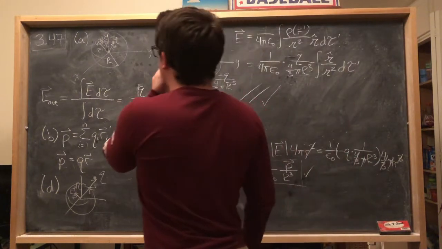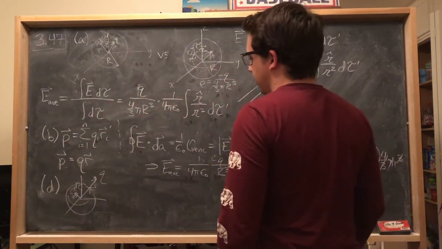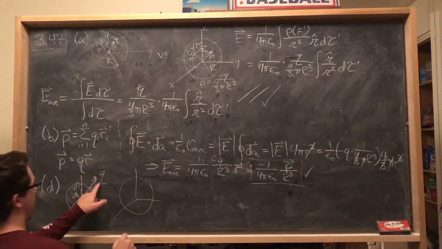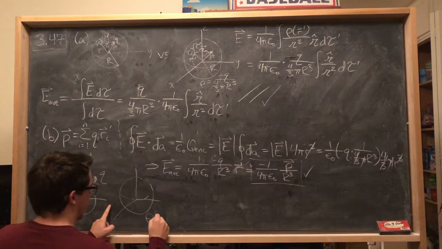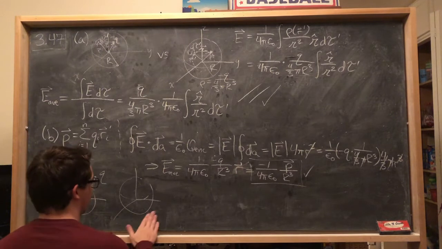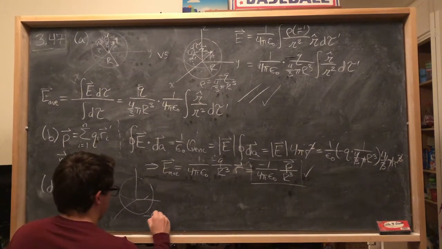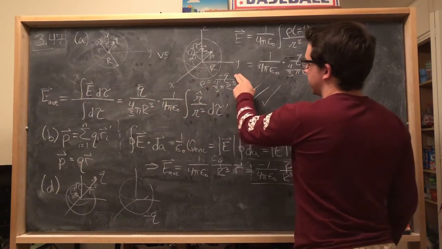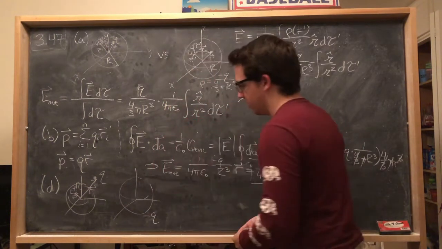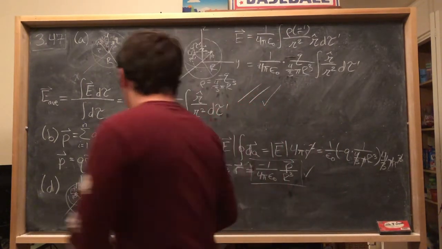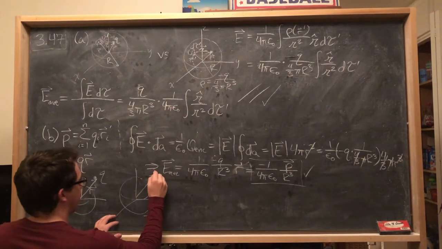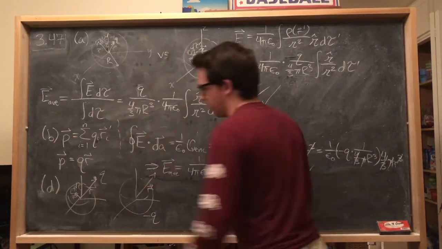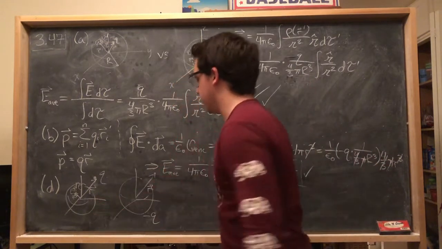So the idea should be that if we can calculate the electric field in an analogous situation where rather than having just a point charge Q outside of the sphere, we have a constant volume charge density like this over this sphere, such that the total charge is now negative Q, and we want to compute the electric field at this R, then that would be the same as our average electric field in the first scenario.